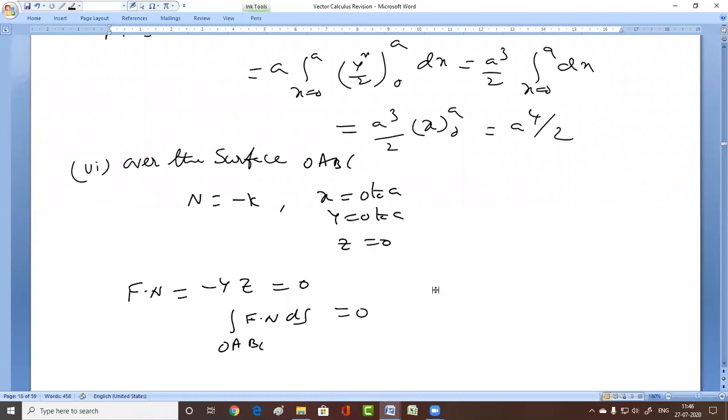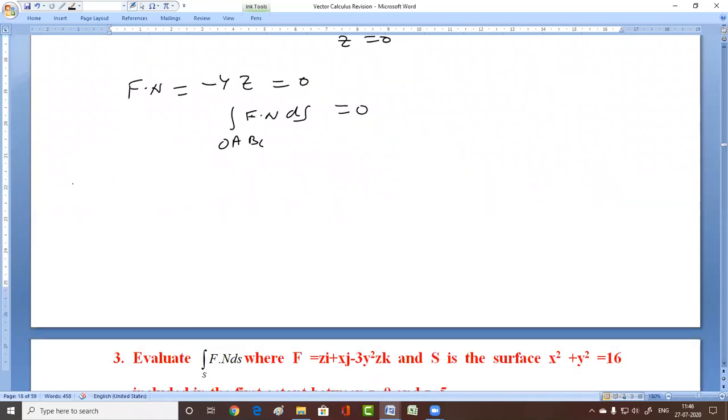Finally, now this is an important one. Therefore, the integral of f dot n ds over the surface S equals the first integral, second, third, fourth, fifth, and sixth.